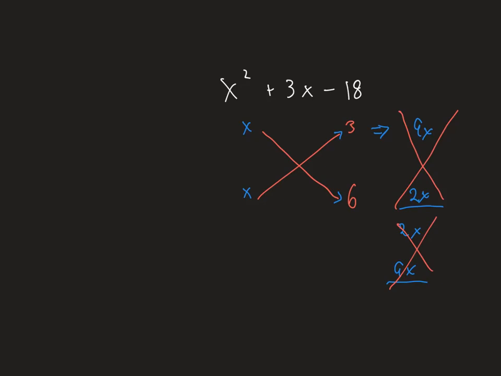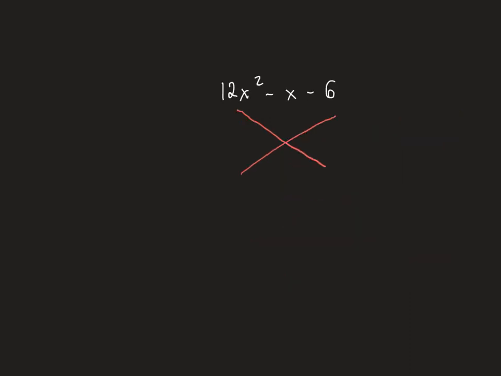Well, in this case, it's going to work out, because x times 3 is 3x, x times 6 is 6x. I still want to add the 6, and I still want to subtract the 3, so this still works. Now, there's a reason why I showed you positioning, and that's going to be very important once we look at complex trinomials in this next slide.